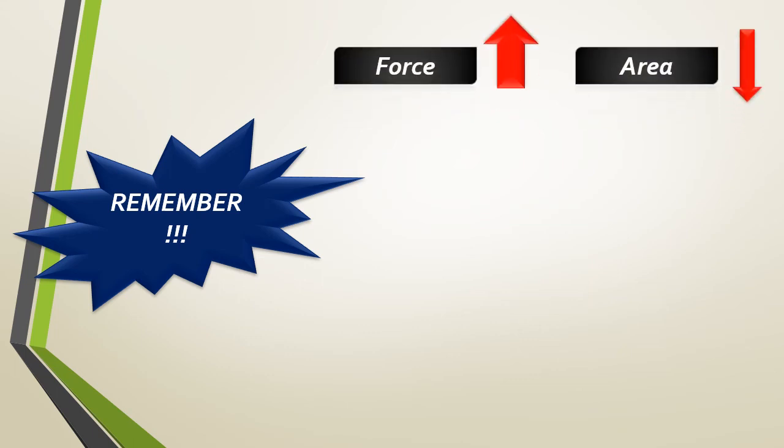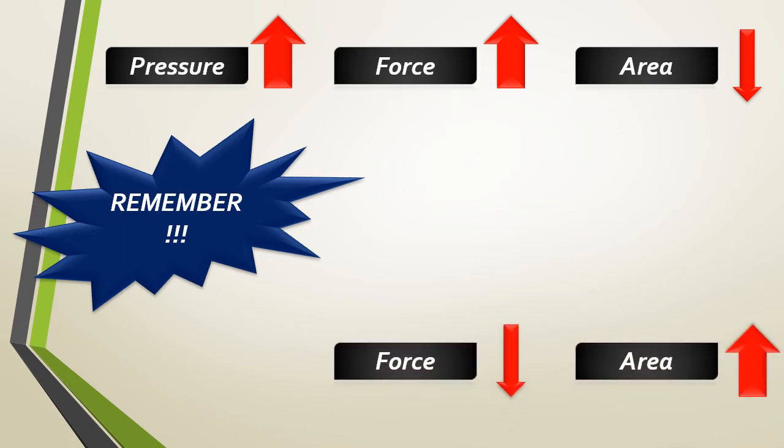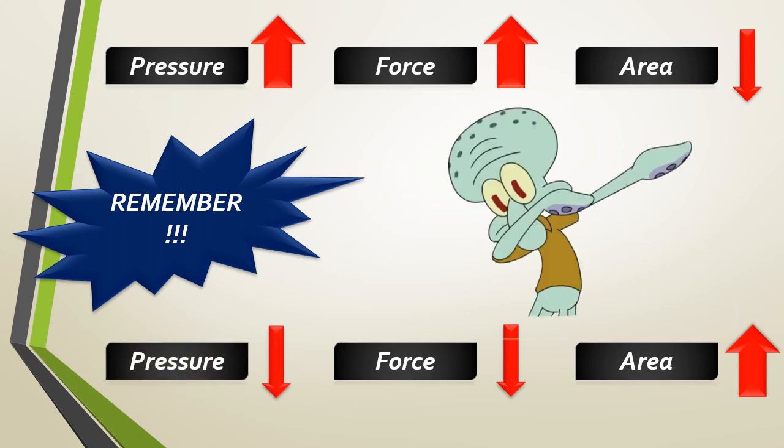Okay, please remember, if the force exerted is higher or bigger and at the same time the surface area is smaller, it will produce a high pressure. And how about when we decrease the force exerted on the surface area and the surface area at the same time is quite bigger, so it will produce the low pressure.